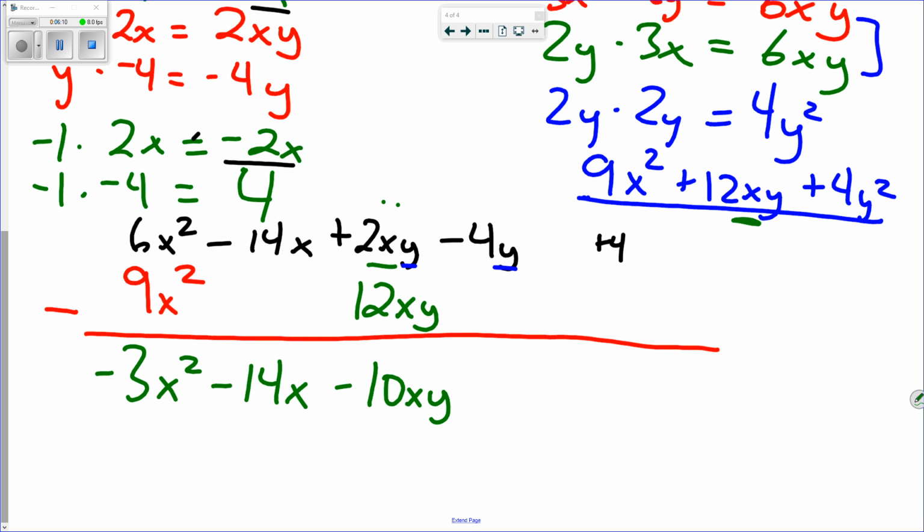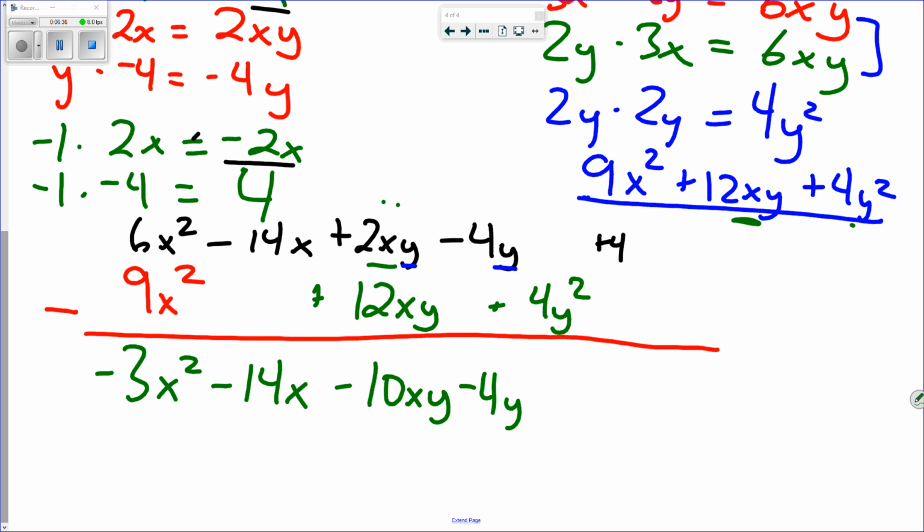We look over here. Again, do we have anything with just a y in it? No. So the negative 4y comes down. We do have a 4y squared. Very positive. But we don't have a y squared in the first term. So we have 0y squared minus 4y squared.